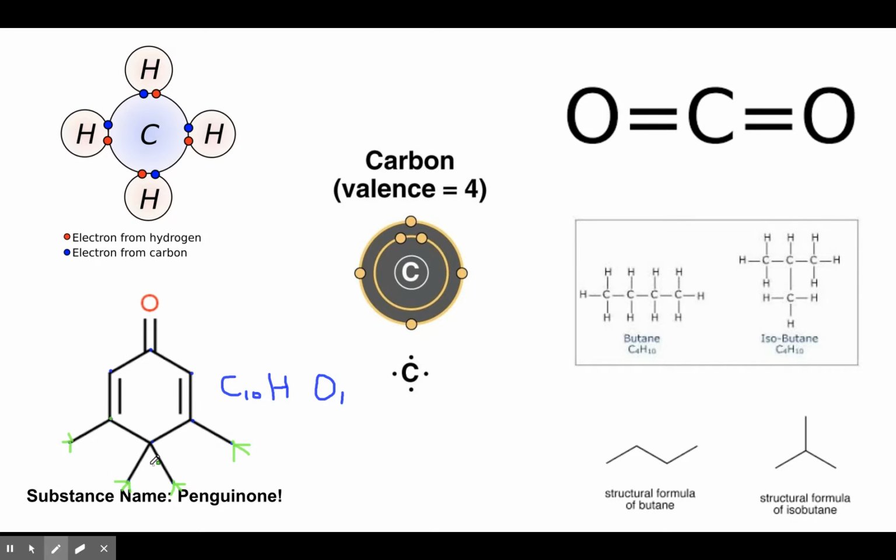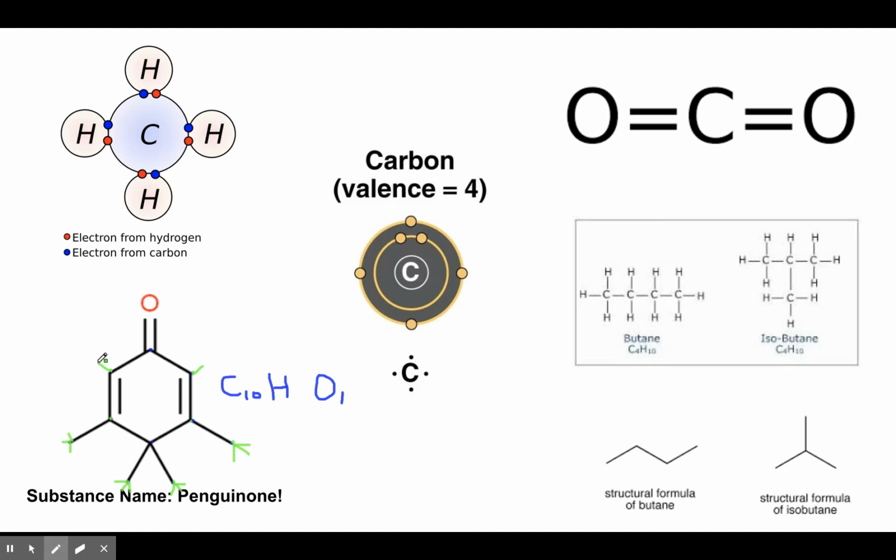Let's move on to these inner carbons. Let's look at this one right here. So this one has 1 bond there, 2 bonds, and this is where that double bond is important. We have 1, 2. So this one actually has 4 bonds connected to it, so it's already full. Same thing over here. Okay. Now this one right here, it has 1, 2, 3 bonds connected to it. So this carbon has a hydrogen hanging off of it.